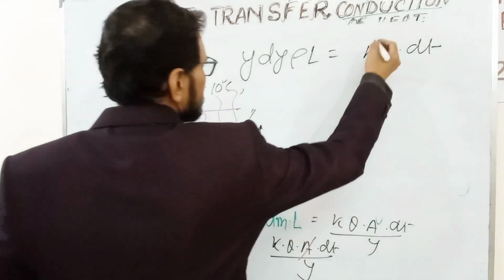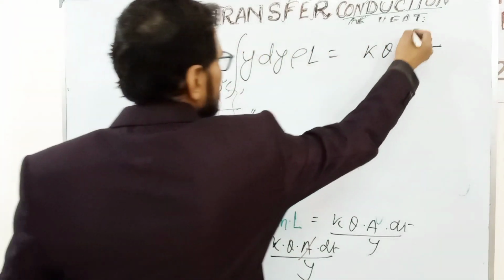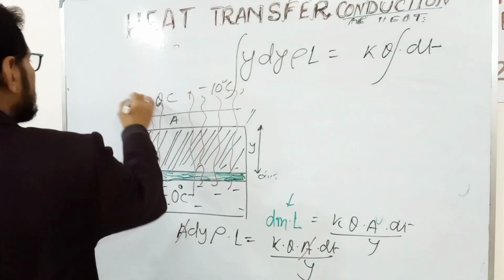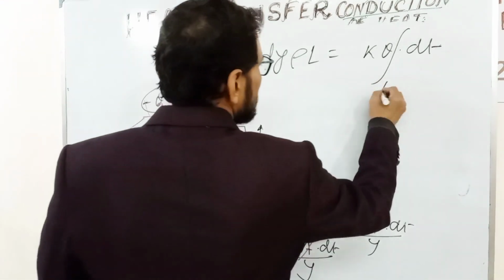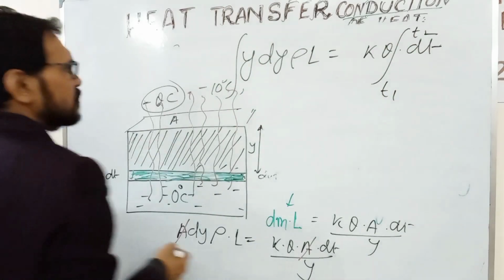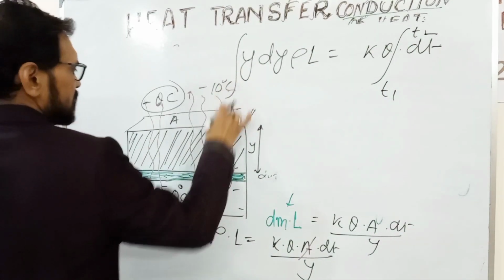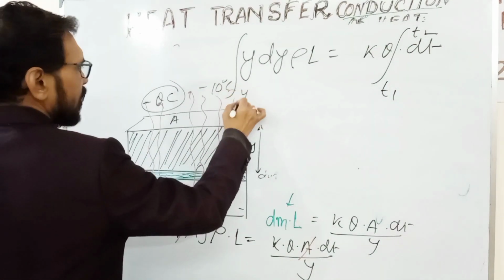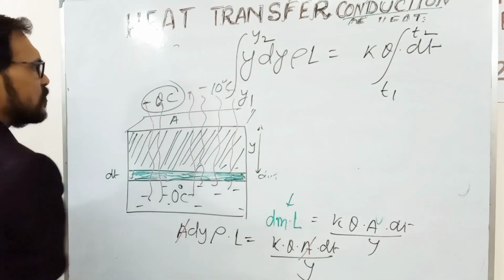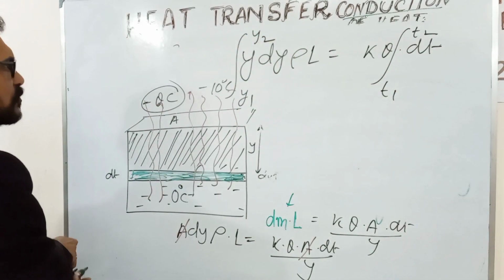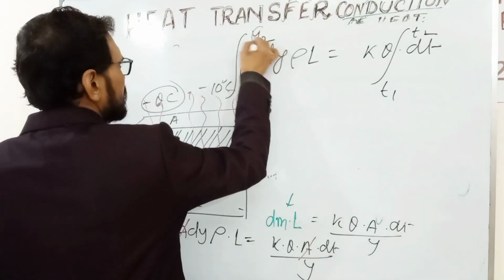Now if we integrate this, theta is constant because the surrounding temperature is constant. If we integrate from time t1 to t2, and when time t1 the y has the value y1, when time t2 y has the value y2, then we can put this y1 y2 here.